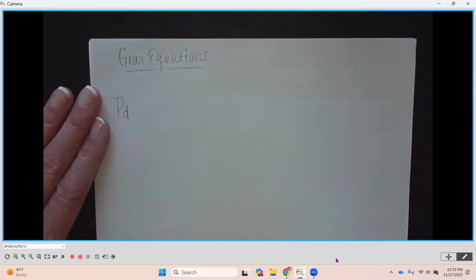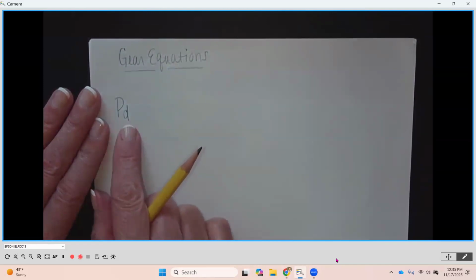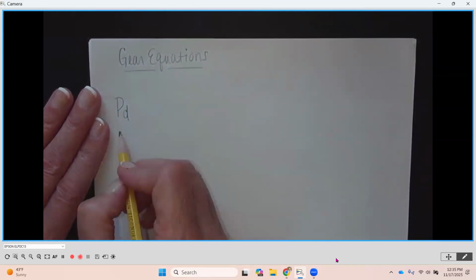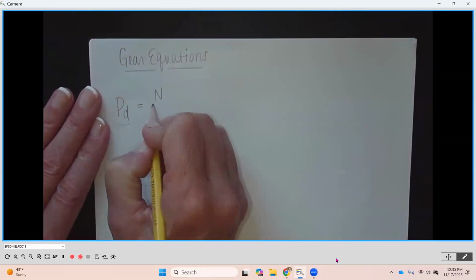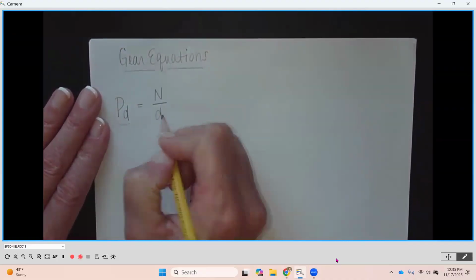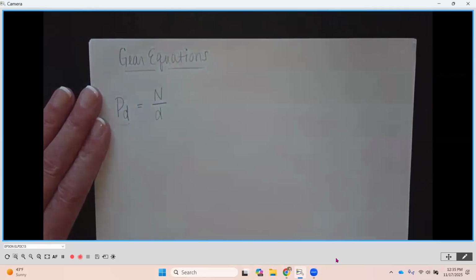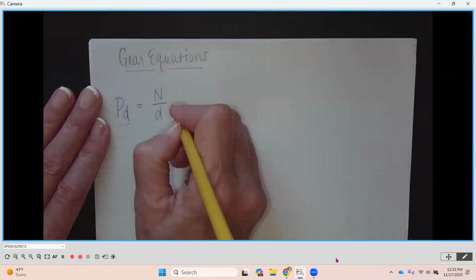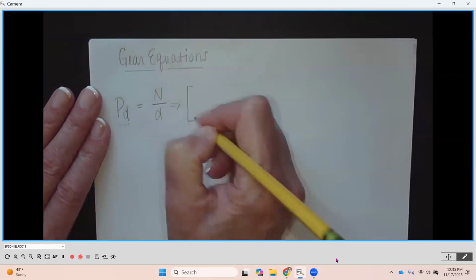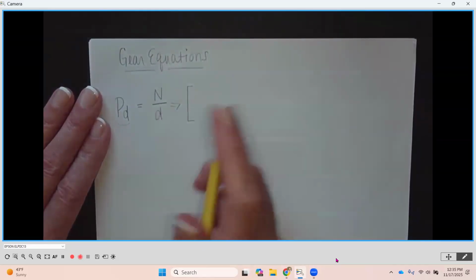Our first equation is going to be for diametral pitch. It's capital P sub D. So this is one variable. It's going to be equal to capital N, number of teeth, divided by lowercase d. Okay. Now, I'm going to put the units for each one.